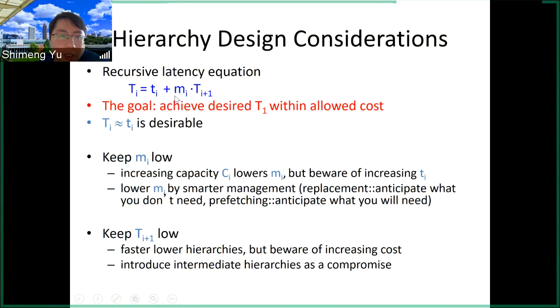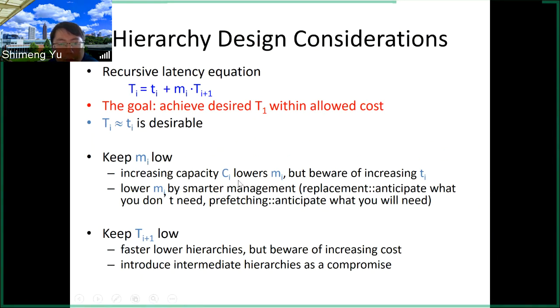So you can keep the Mi low. That means you need to reduce the miss rate. How do you reduce the miss rate? One way is to increase the capacity of this level I to lower the miss rate, Mi. The reason is that if you have larger capacity of this level, then you can store more data on this level.